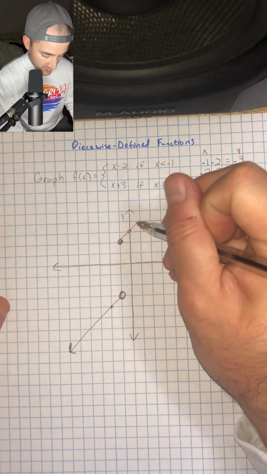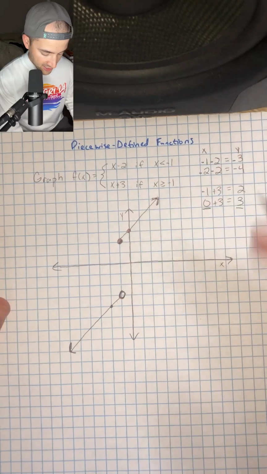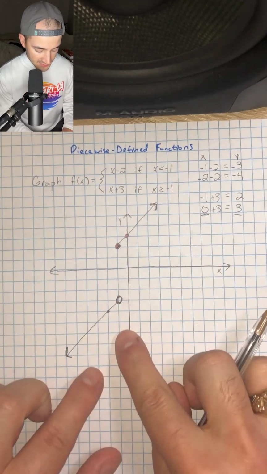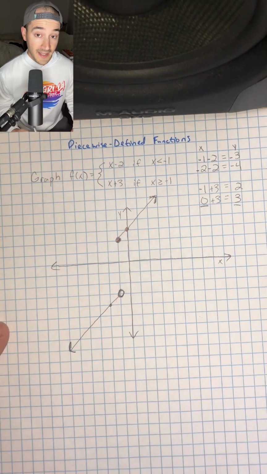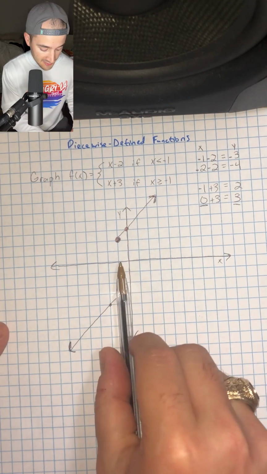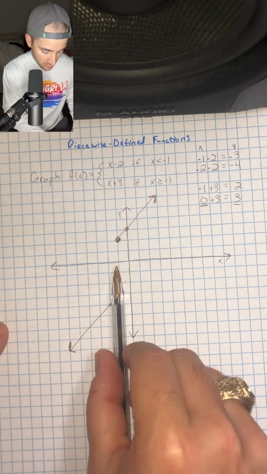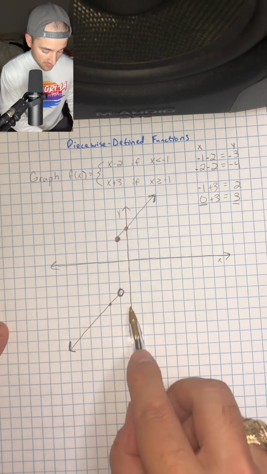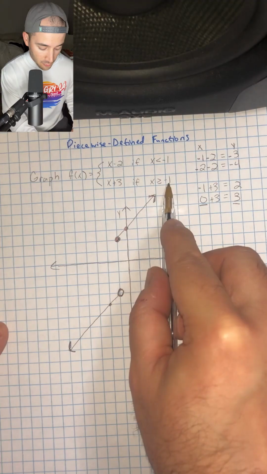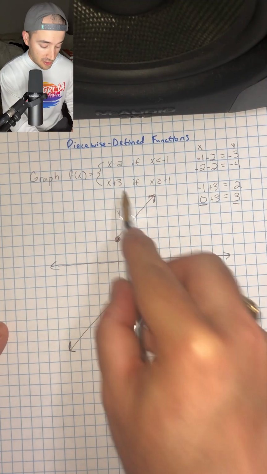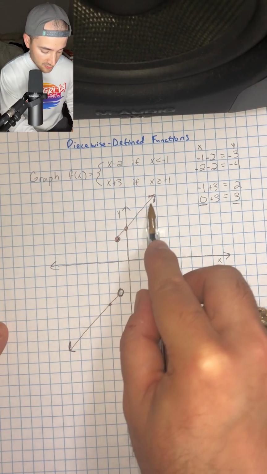And so our line there is looking something like that. And so this is what our piecewise function is going to look like, okay? When x is less than negative 1, it's going to look like this part over here, okay? And then it kind of jumps up whenever x is greater than or equal to negative 1 because now we're using x plus 3, okay? And then it continues that way.